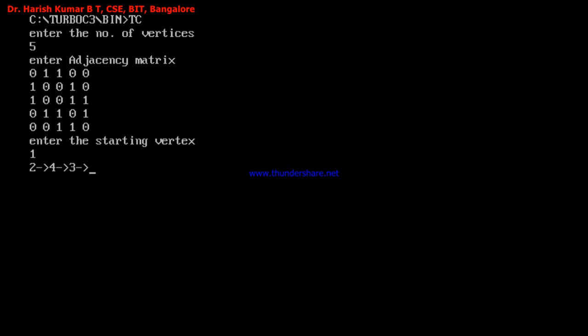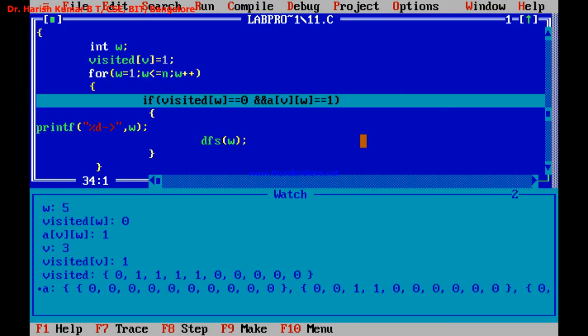From 3 to 5: third row, fifth column. That is 1. What does it mean? There exists a path from 3 to 5. Now both the conditions are true. So the node 5 is still not visited, and there is also a path from 3 to 5. Hope it is clear.